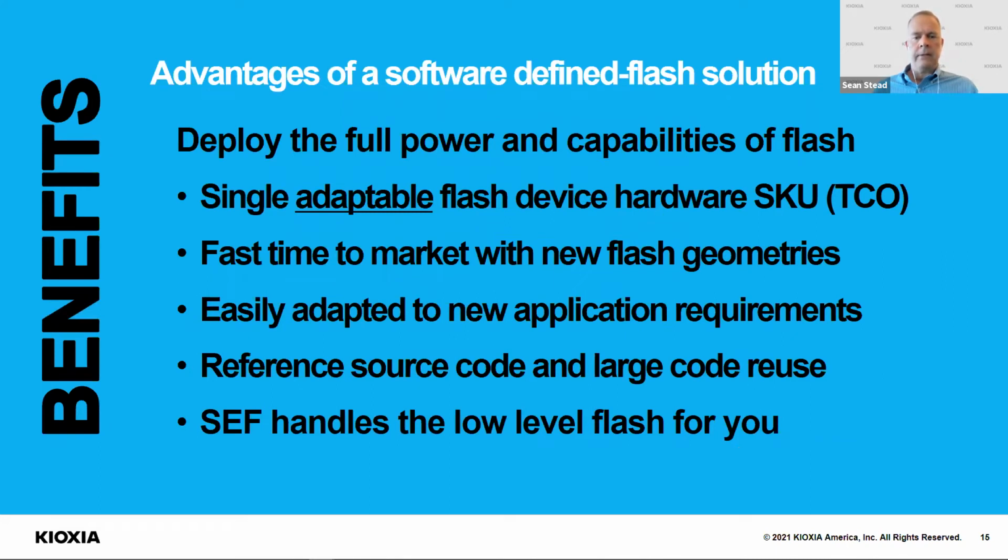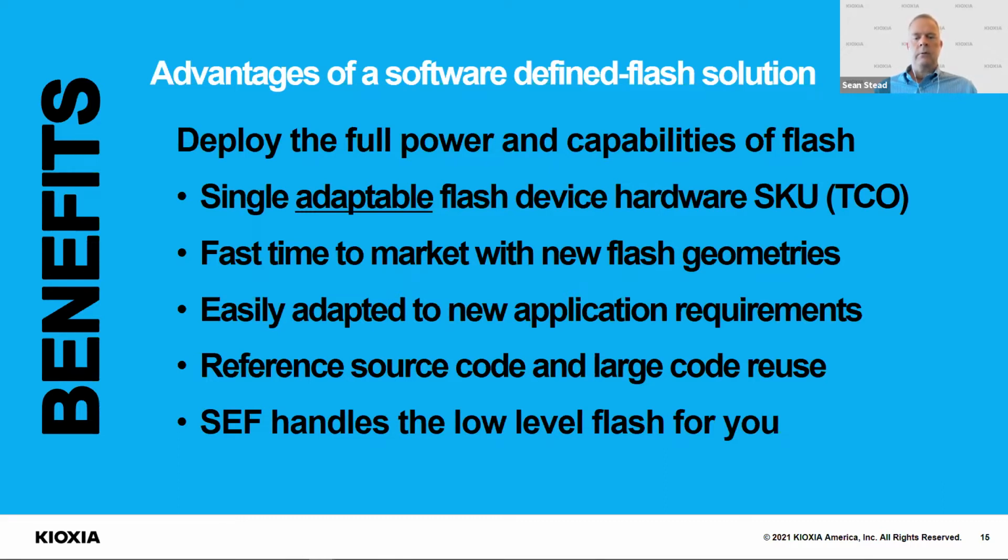A key benefit to remember today is a single adaptable software-enabled flash hardware device deployed for whatever storage size is needed, instead of many different limited-functionality HDD legacy part numbers. This new software-enabled flash technology API also allows existing application software code to be reused from flash generation to flash generation.